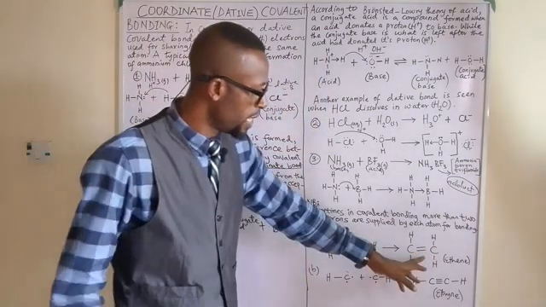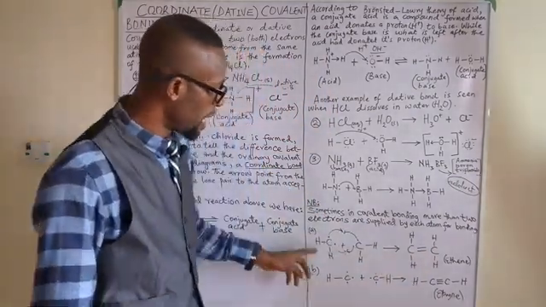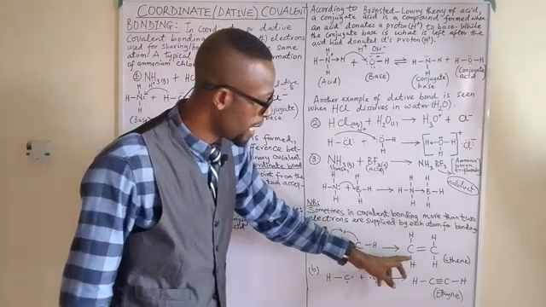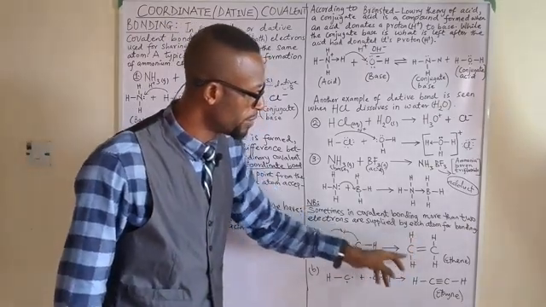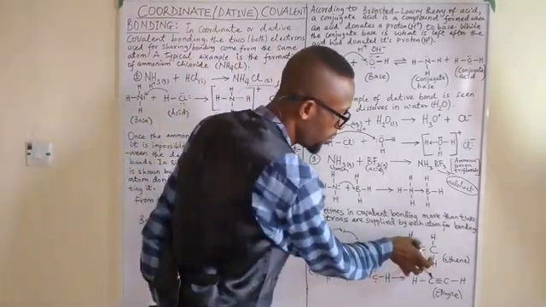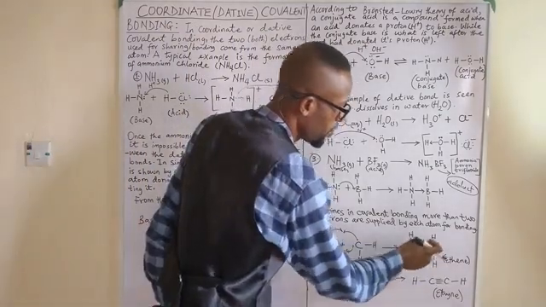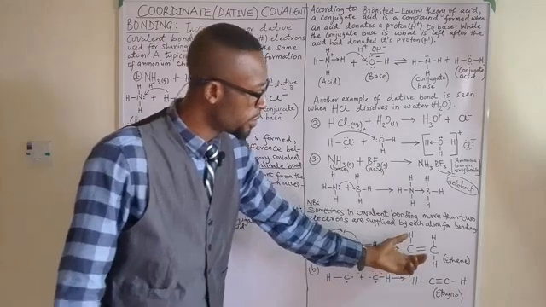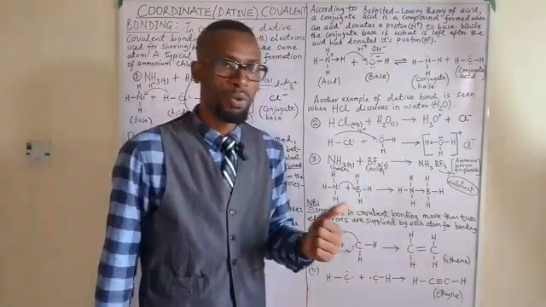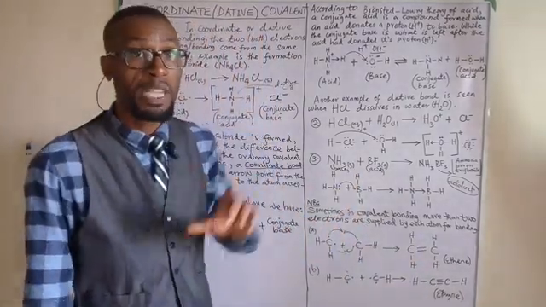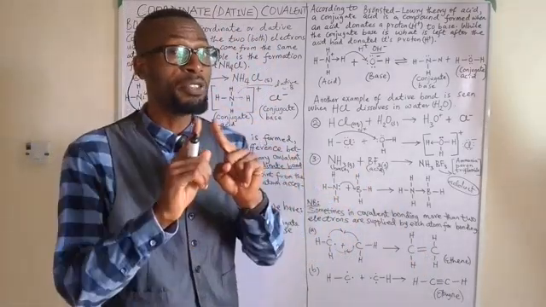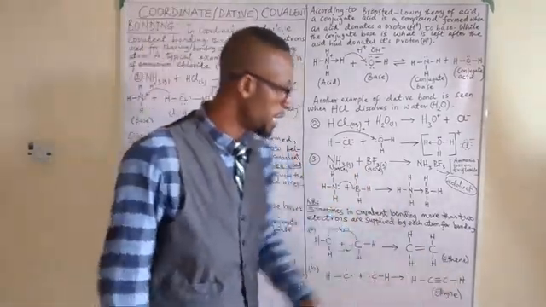Okay, so here you have a double covalent bond. So ultimately, you have 1, 2, 3, 4 bonds around this carbon. Of course, this double covalent bond is also for this carbon, so ultimately, you have 1, 2, 3, 4 covalent bonds. So in which case, you now have what we call a double bond. A double bond is formed when the combining atoms each bring 2 electrons, as you have seen in ethene.